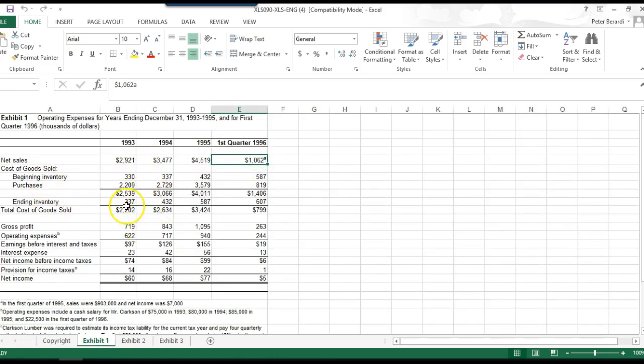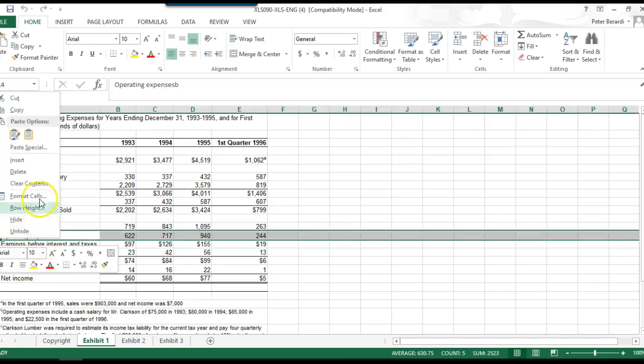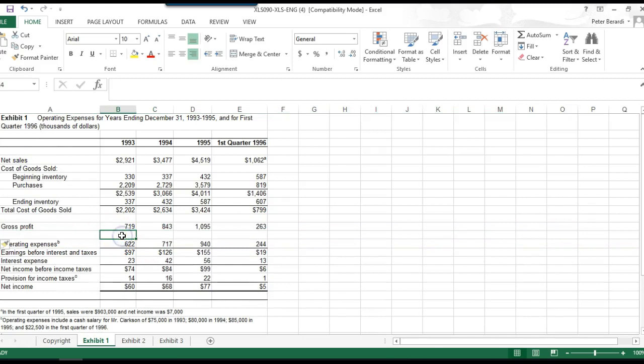So for example, total cost of goods sold for each period is going to be total cost of goods sold, the gross margin for each period is going to be the gross profit divided by net sales.